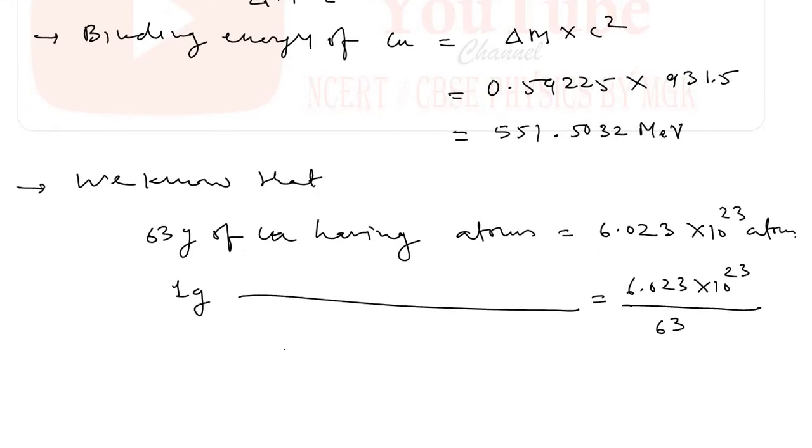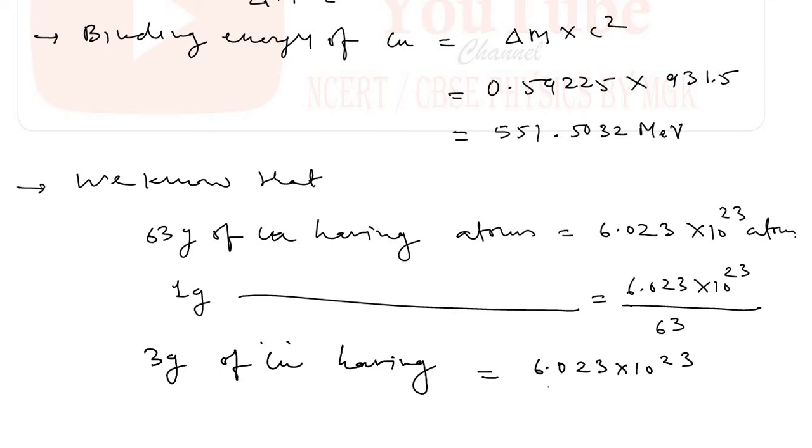And now 3 gram of copper has a number of atoms equal to 6.023 multiplied by 10 to the power 23 divided by 63, multiplied by 3.